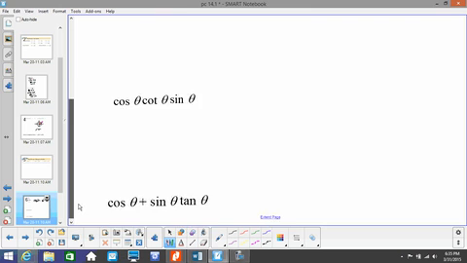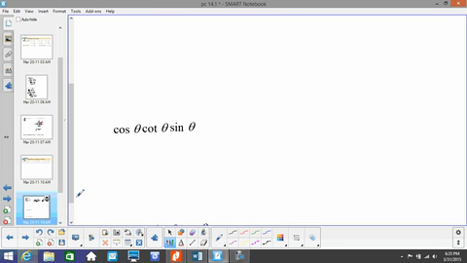Let's do another one. On this one, I've got cosine theta times cotangent theta times sine theta. I'm going to leave the cosine as it is. I know cotangent is cosine over sine.